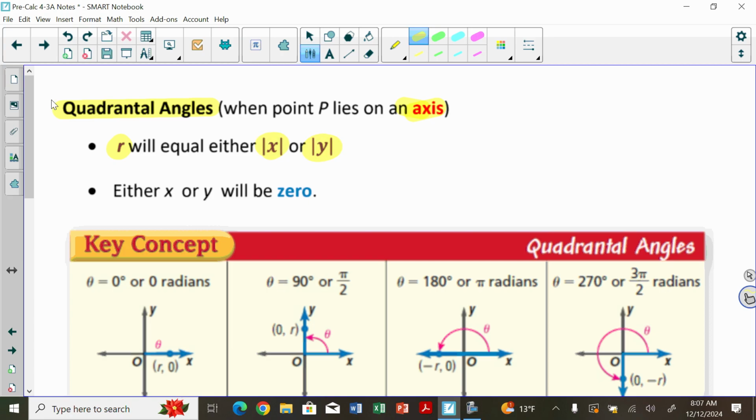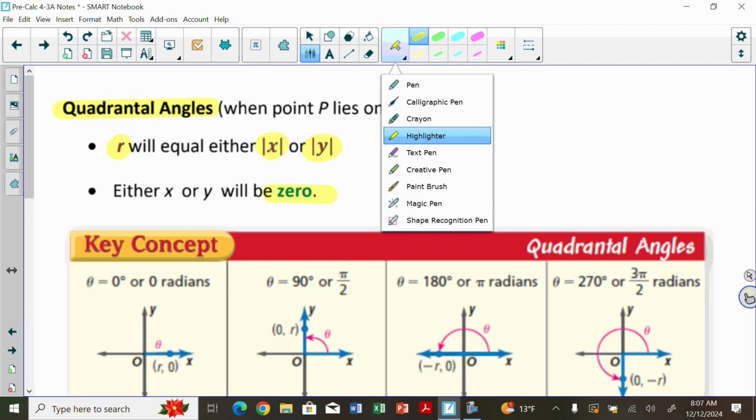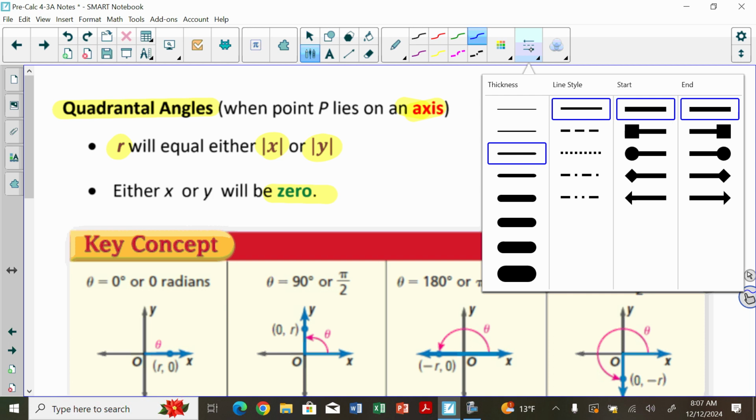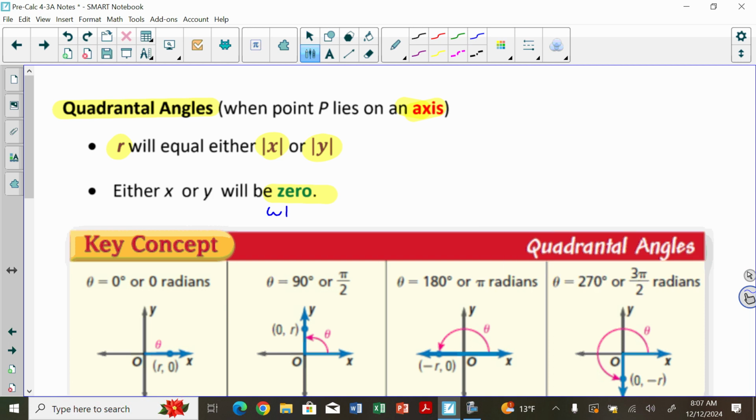The other one's going to be 0, depending on what axis it's on. So what axis it's on will determine which one's 0.